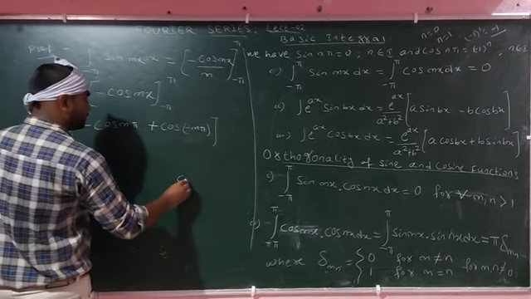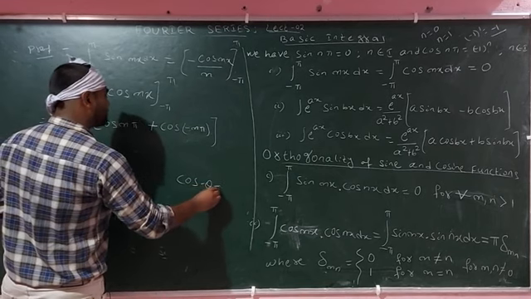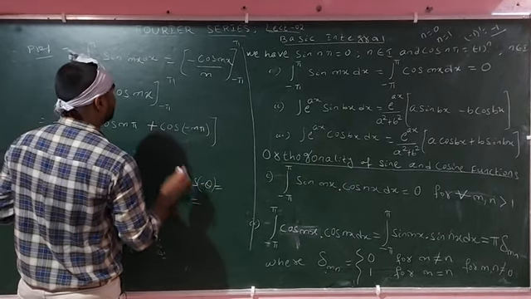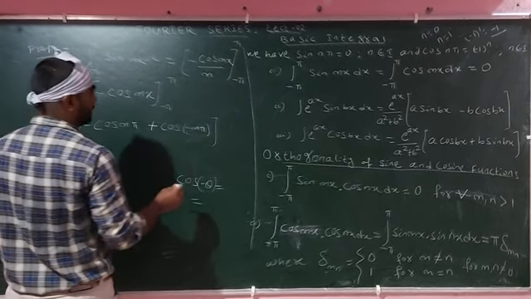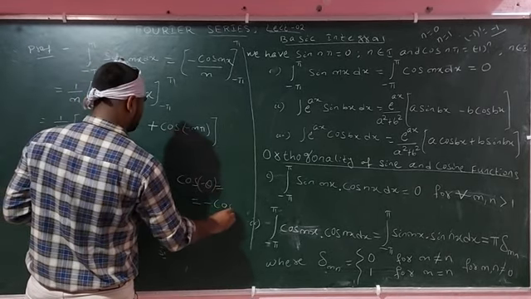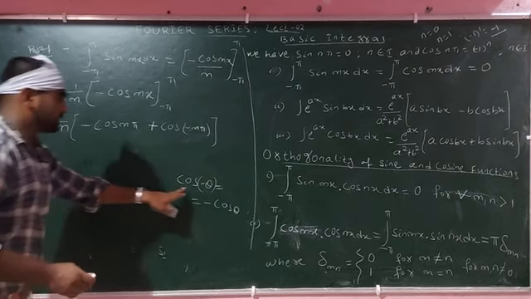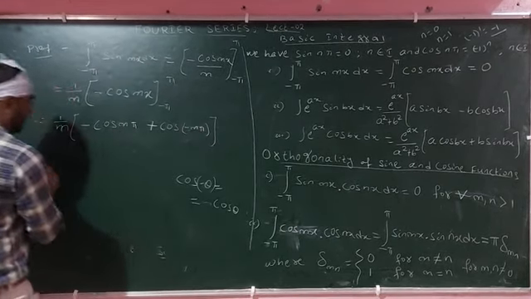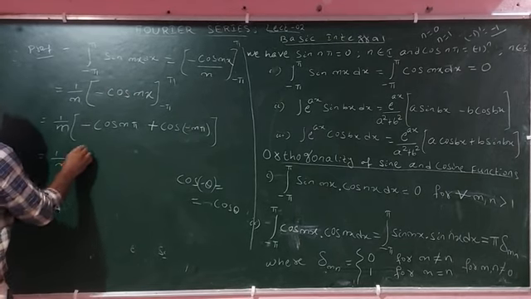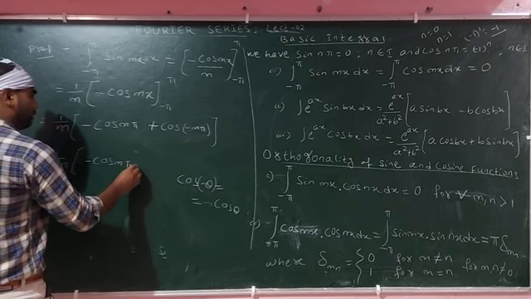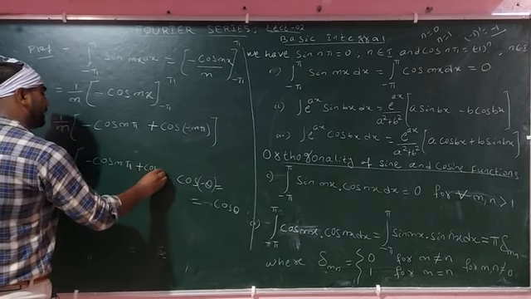And we have cos of minus theta equals cos theta. So 1 by m times minus cos m pi plus cos m pi.